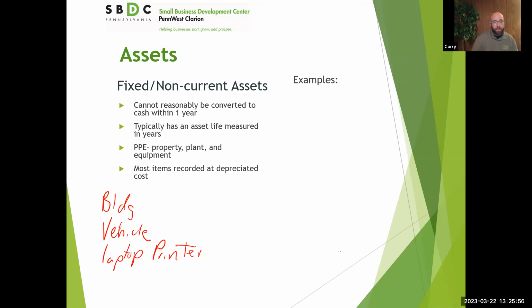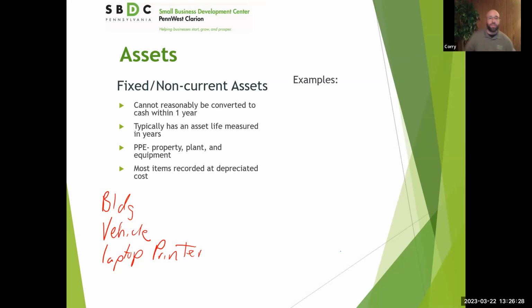So the examples that you gave are the different types of fixed assets. Now, there are non-current assets as well, which are long-term in nature. Take, for example, a liquor license as an intangible asset that has a long life to it. Goodwill, if you're buying a business and you have goodwill as an asset, that has a long life to it as well. So those are different types of fixed and non-current assets.